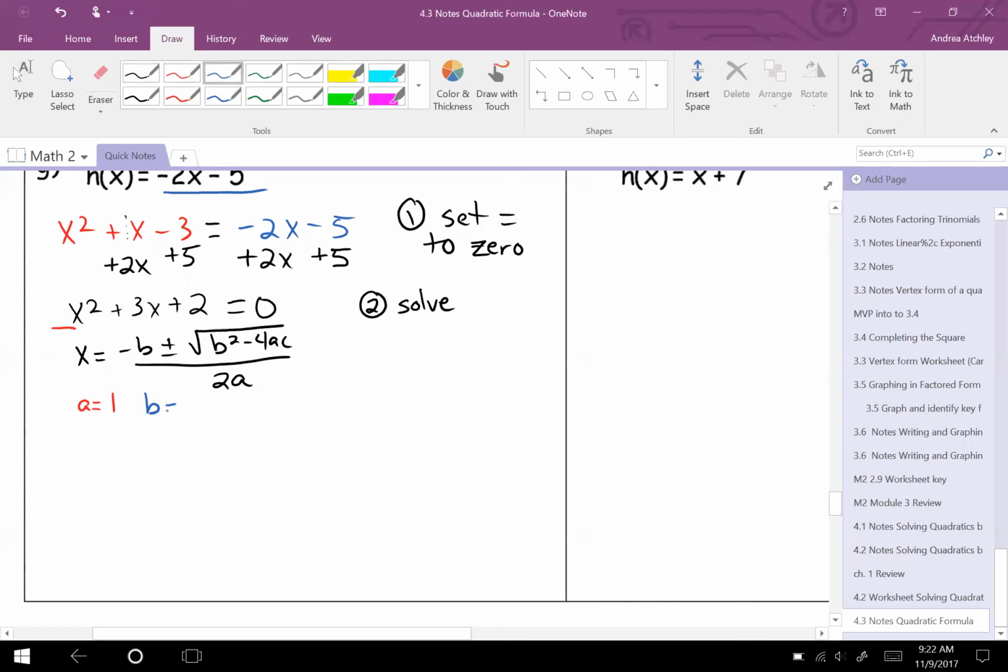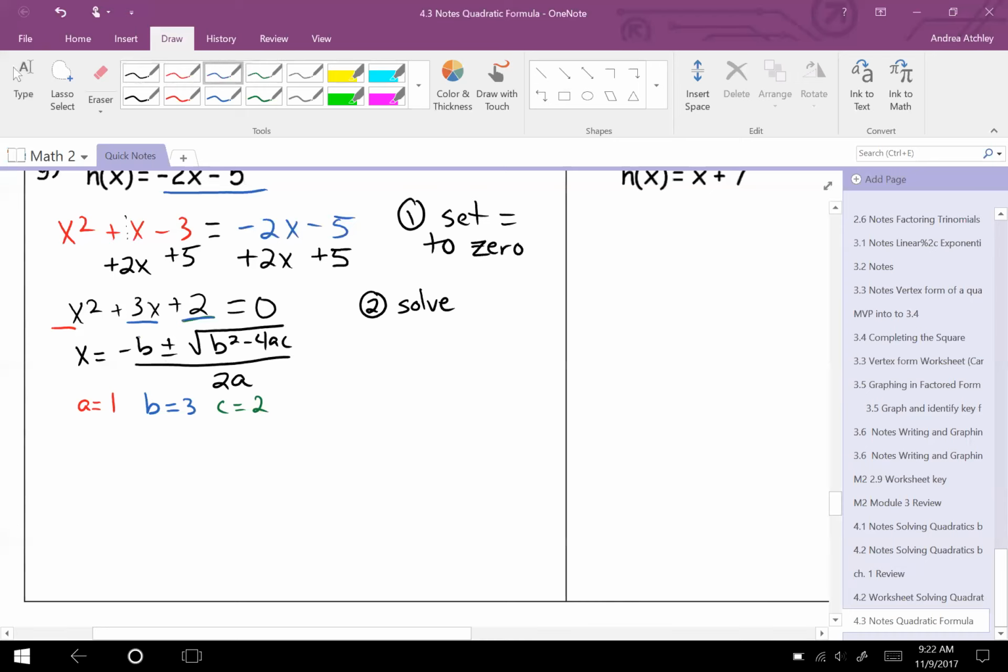Then we need the B value. Lori, what's the B value? And then we need the C value. Class, what's the C value? 2. Good. Any questions over that? Now plug it in.